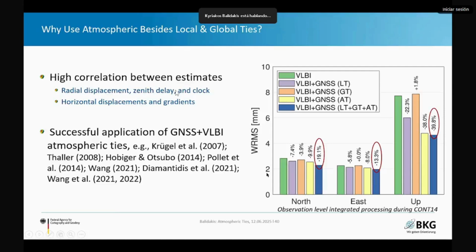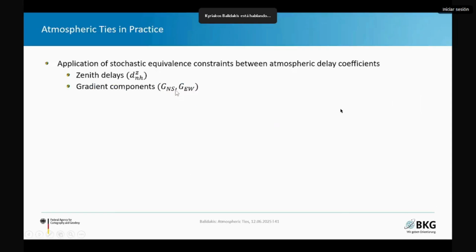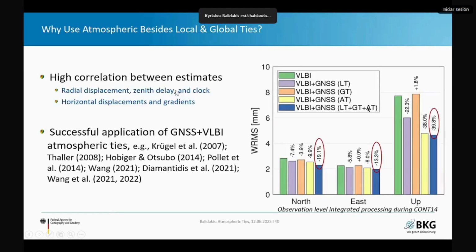On the vertical axis, you see the weighted root mean square error of position time series during a 2-week period. And what you can see here is that, for example, in green, you have the WRMS of the VLBI-only solution, and then in blue you have the combined solution, GNSS VLBI, where local ties, global ties, and atmospheric ties are combined.